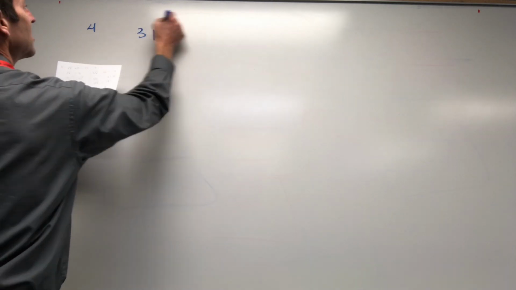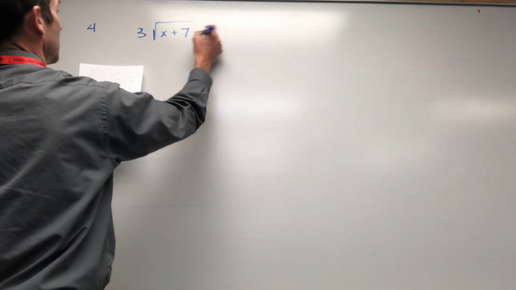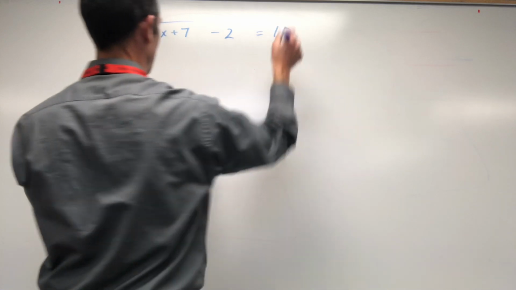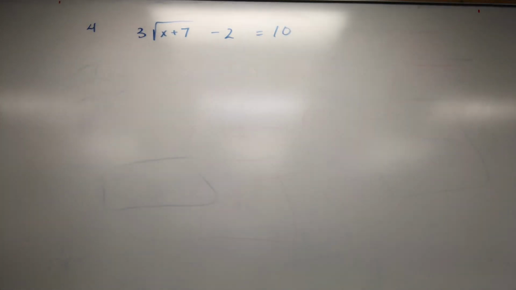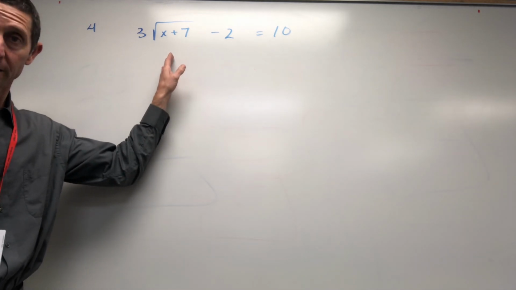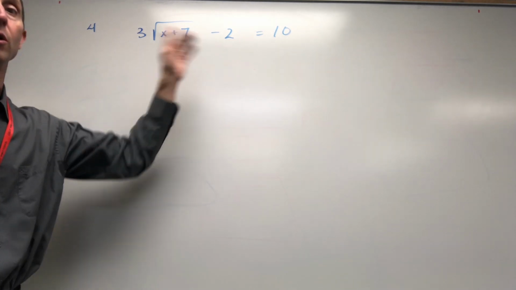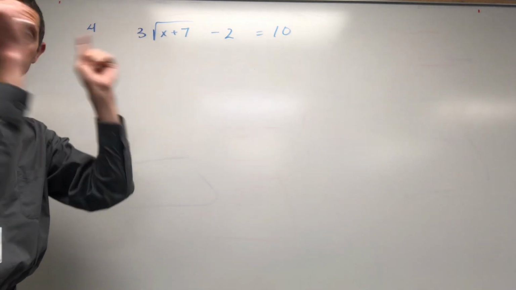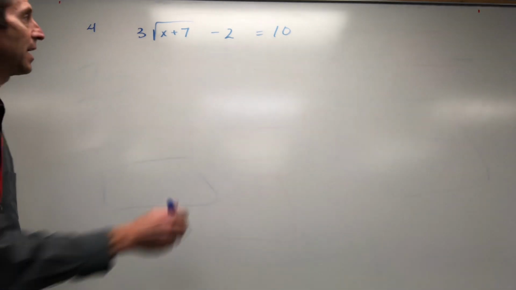Number 4, 3 square root of x plus 7. Okay, again, you want the square root by itself. Let's take care of the 2 right off the bat. He's negative, move him over, make him positive, add him to the 10.